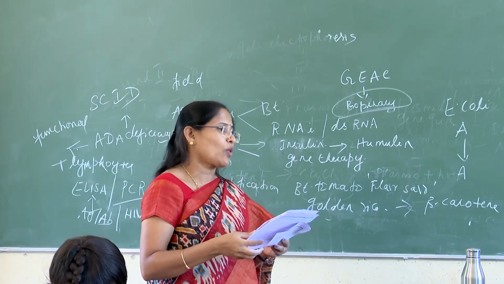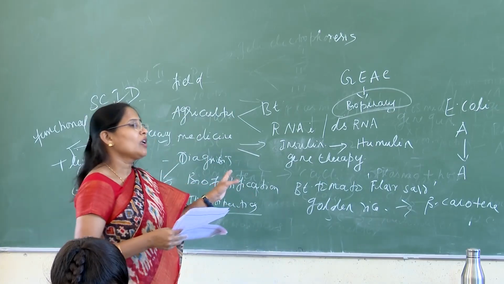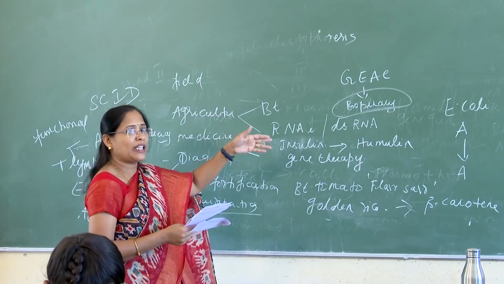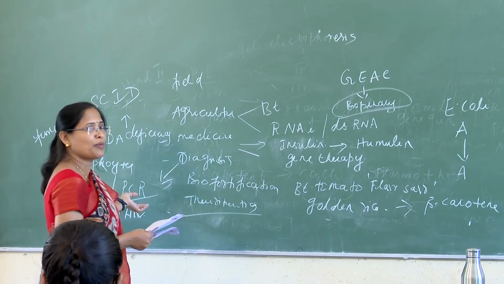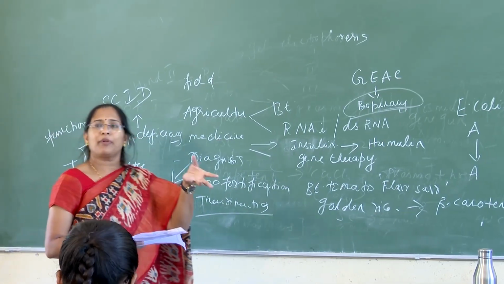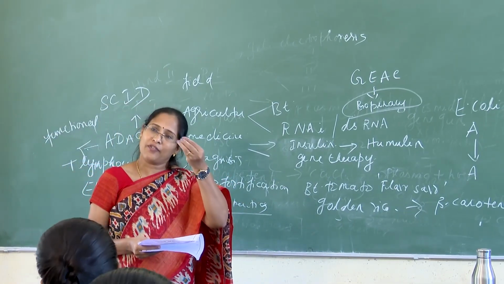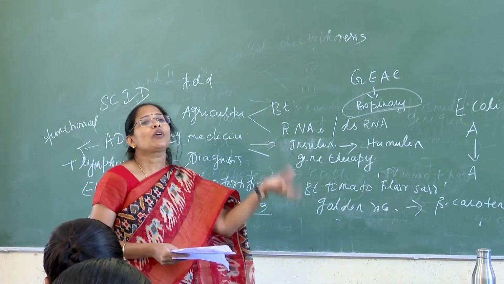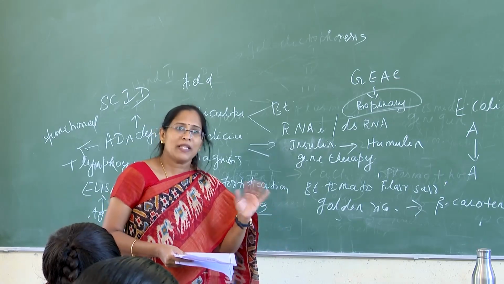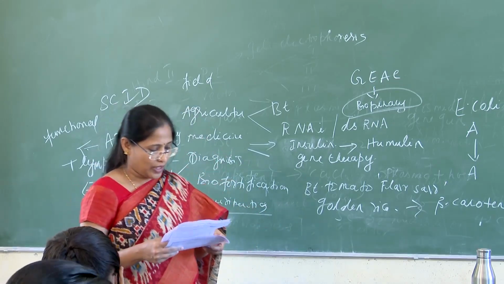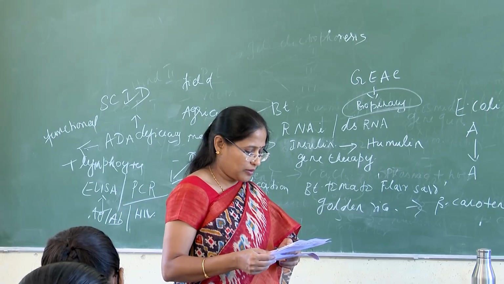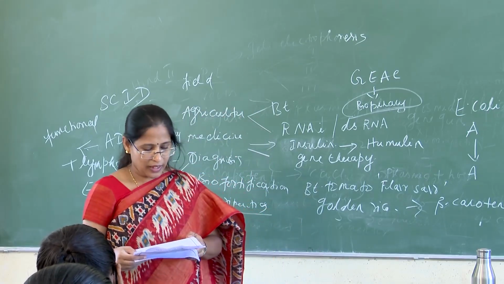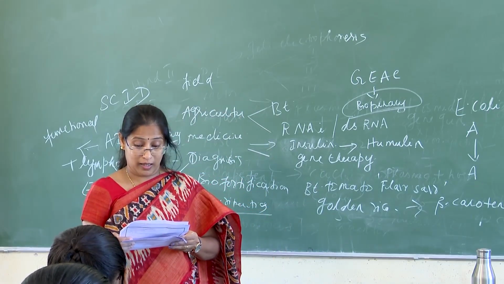Don't think PCR is only used for gene amplification when you are cutting it. Even in diagnosis I can use this, because I just take the sample from the patient and if they have a small amount of the virus also, it will get amplified. So wherever you come across amplification, PCR will be there. Techniques can differ. Next, what is the option then? B. Next, B or A? B.